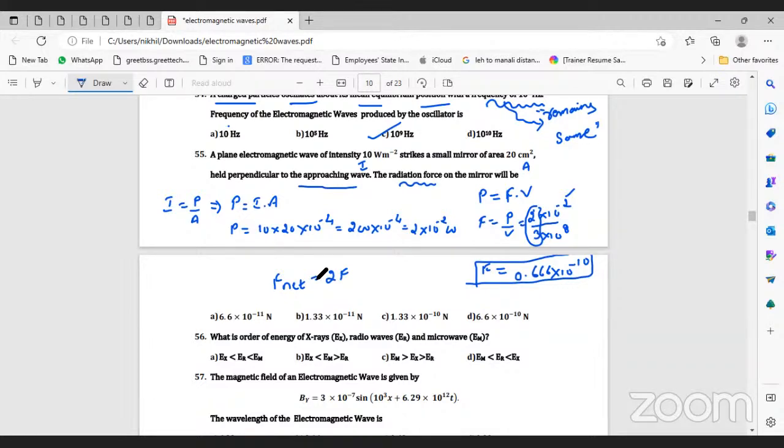So the net force will be 2 times F. This is 2 into F, and F is nothing but 0.666 recurring into 10 power minus 10. This is nothing but 1.333 recurring into 10 power minus 10. So you can take option C as the right answer.